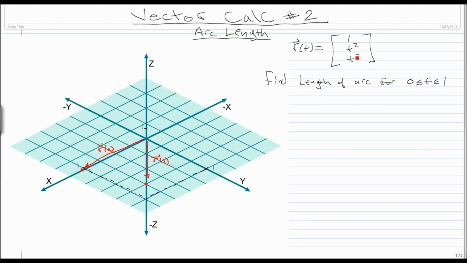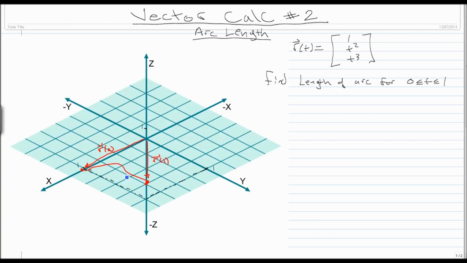As you can see here, this is not linear in terms of t, so it's not a line like we did in the first video. It's actually some kind of curve. It actually looks like it increases faster in the z direction, so it doesn't really matter what the curve looks like. All we know is that it goes from this point, does something, and goes to this point here when t equals 1.